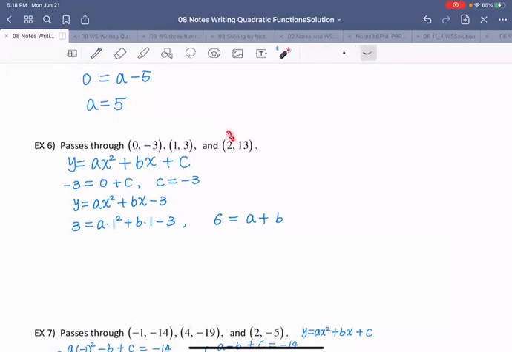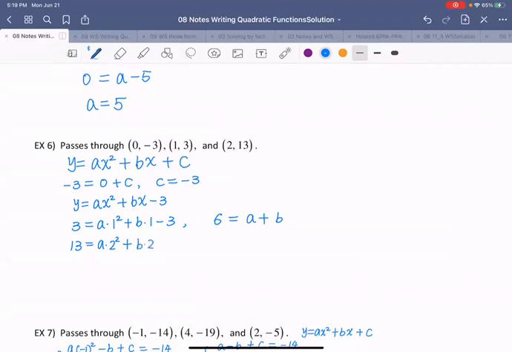Yes. Next, can you please tell me what do I do here? It would be 13 equals a times 2 squared plus b times 2 minus 3.